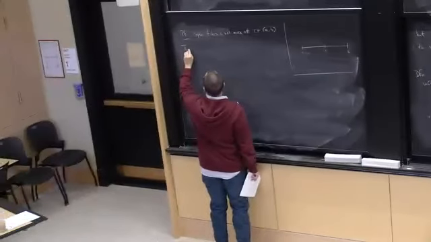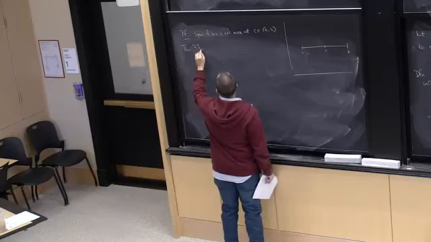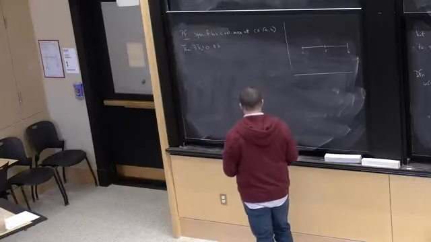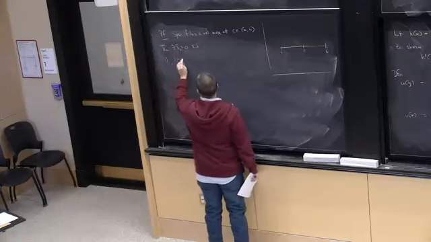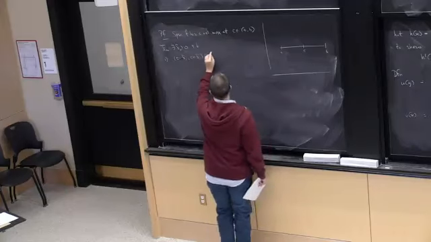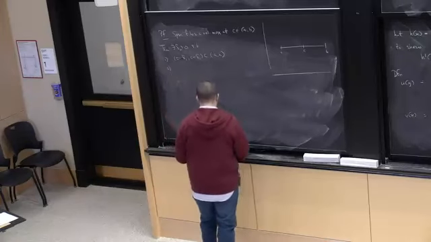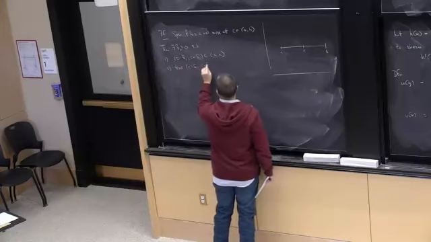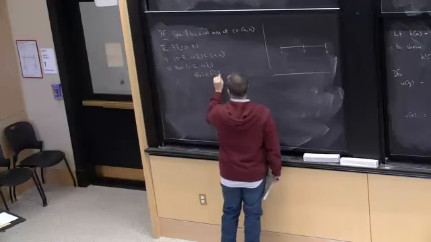Then there exists delta positive, say delta 1, such that two things are true. One, c minus delta 1, c plus delta 1 is contained in AB. Two, for all x in c minus delta 1, c plus delta 1, f of x is less than or equal to f of c.